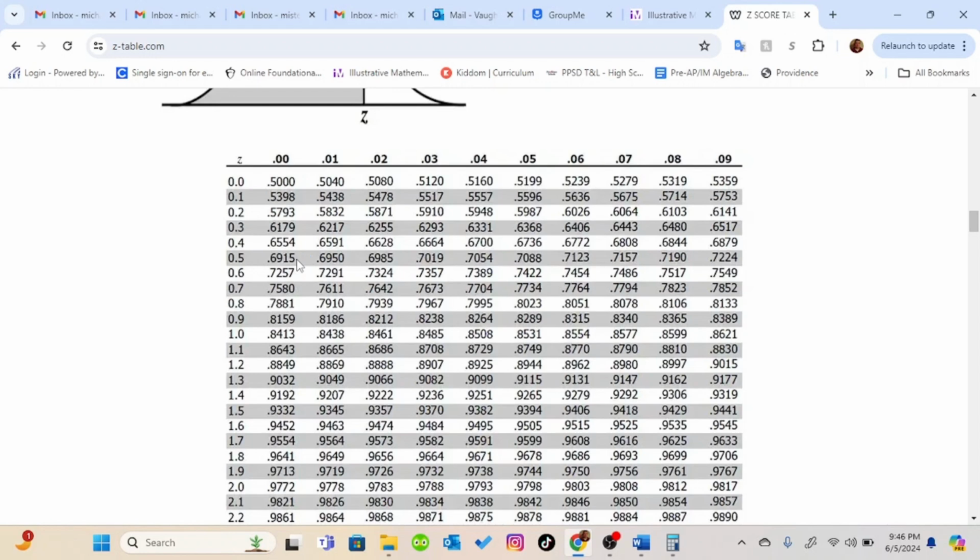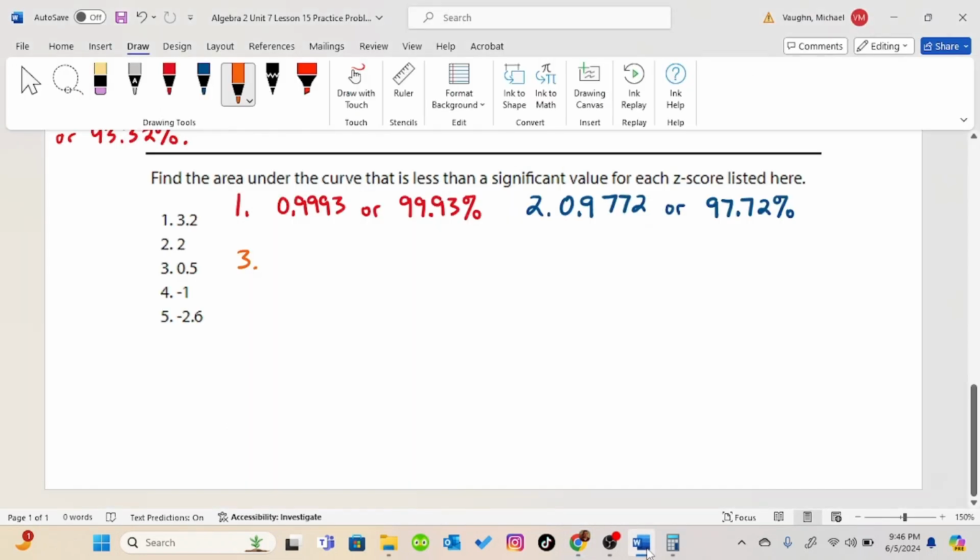Our answer is 0.6915, or 69.15% of the area under the curve is less than a z-score of 0.5.